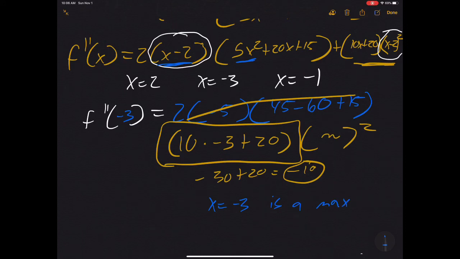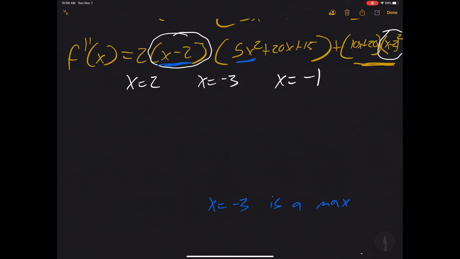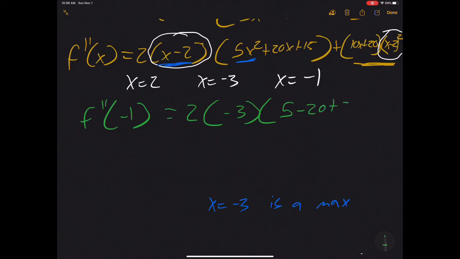And our last step here is to plug in negative 1. So let's see if I can just delete this piece. You can always go back in the video to look at it if you need to. Let's plug in negative 1, f double prime of negative 1. This is equal to 2 times negative 1 minus 2, which is negative 3, times 5 minus 20 plus 15.